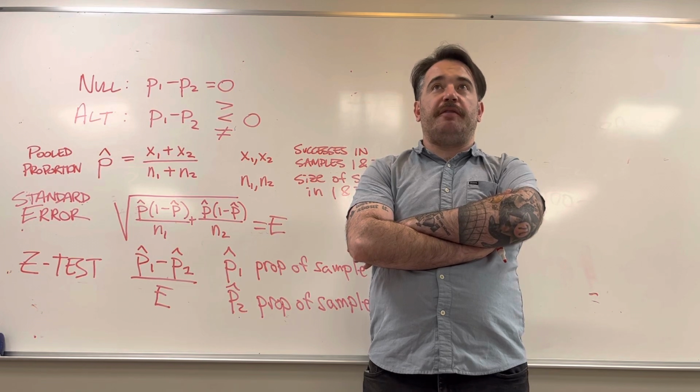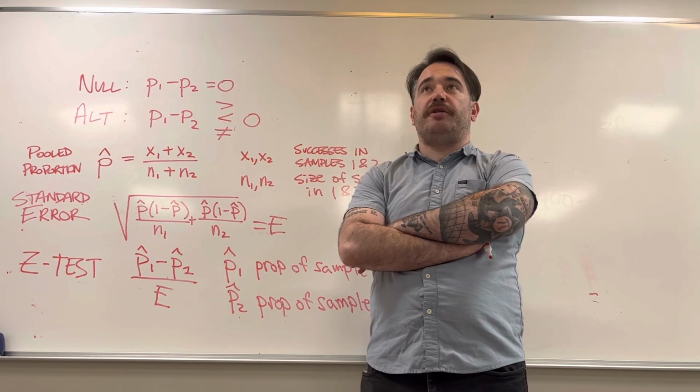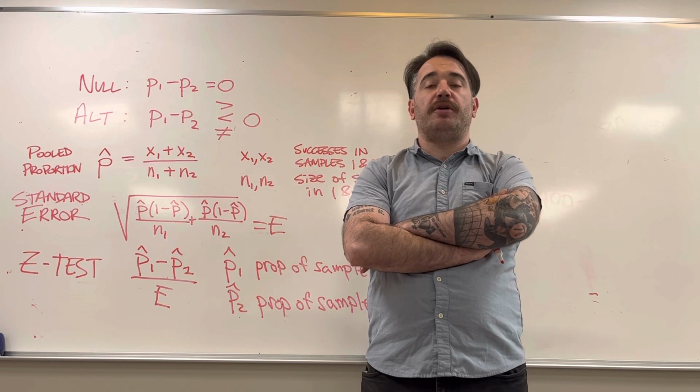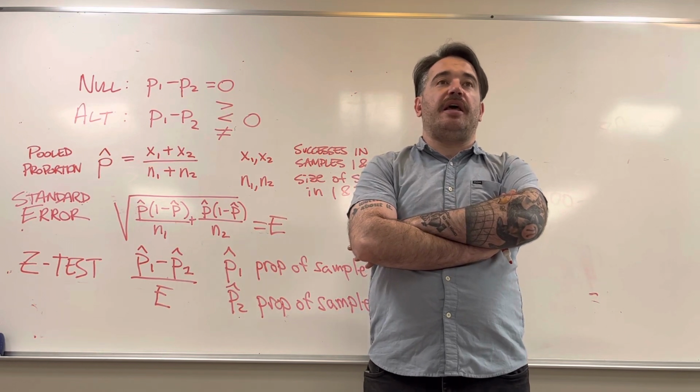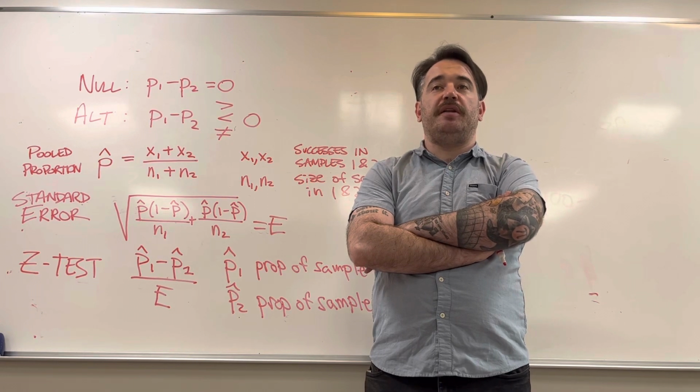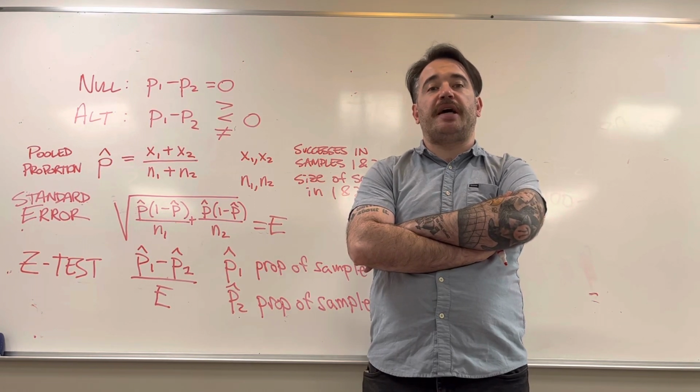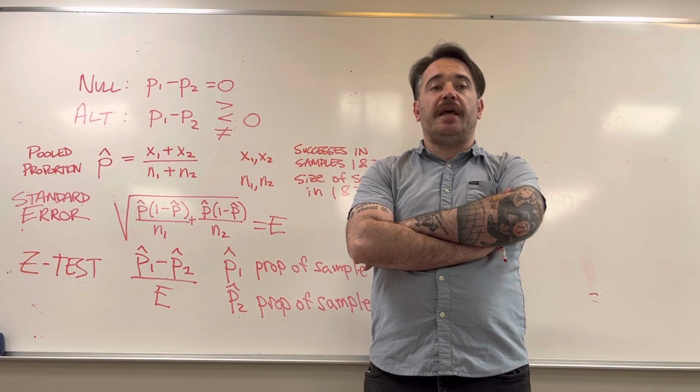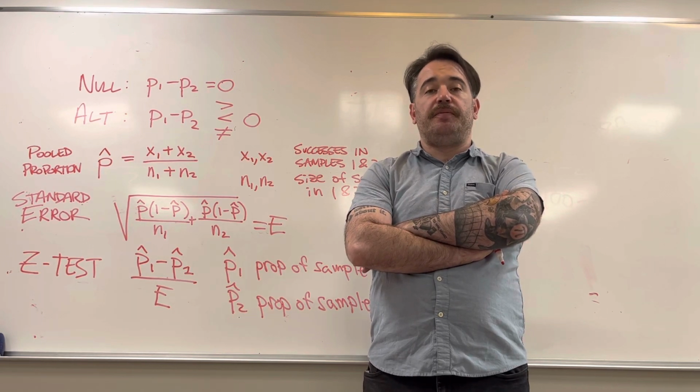So it's like if we took a bunch of Whataburger employees, and we took a bunch of Rite Aid employees, and we wanted to compare their salaries against each other and see if they're different at all.